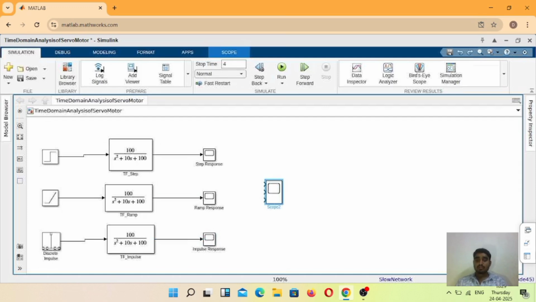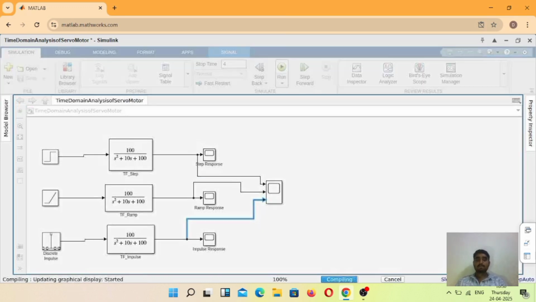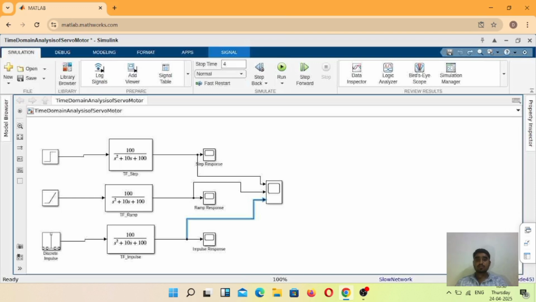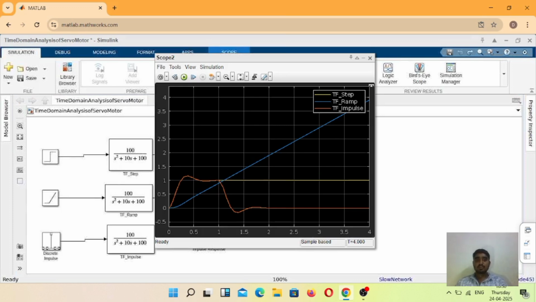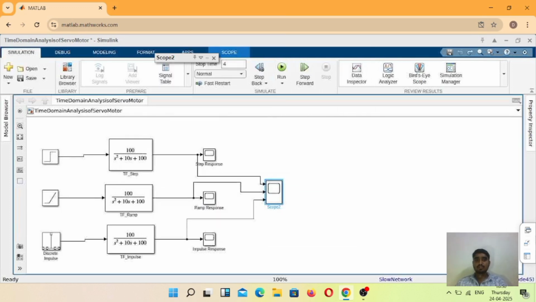Then we get another scope to show all three graphical representations in one scope: step, ramp, and impulse, and I will connect it. Then I will run it. Here we will see the graphical representation of the response of the servo motor.